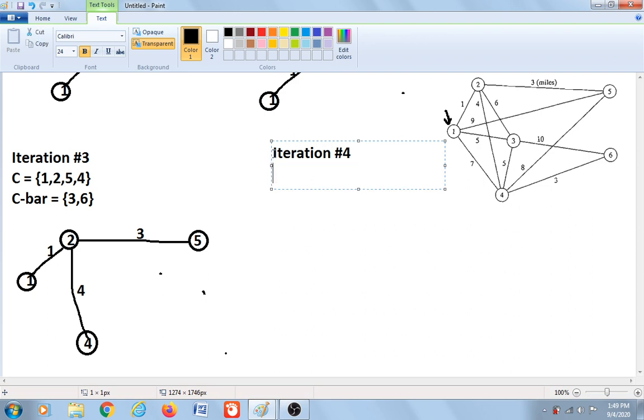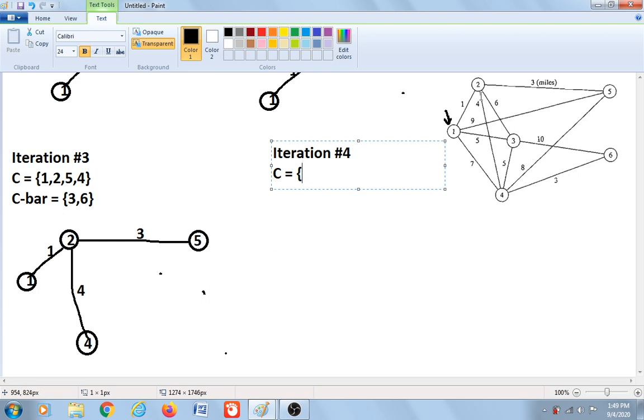Number 4. So C, what is my new C? So I need to find the shortest distance between 1, 2, 5, and 4 to 3 and 6. And this is the direct connection that I need to find. From 1 to 3, that is 5, and there is no from 1 to 6.